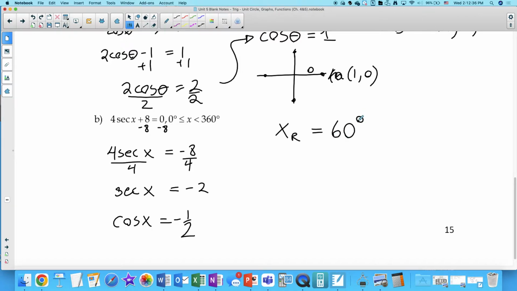So if we know that that's our reference angle, what quadrants are we in? 2 and 3, right? Cosine is negative in 2 and 3. So there's the terminal arm. This is 60 degrees. And here's the other terminal arm. This is 60 degrees.